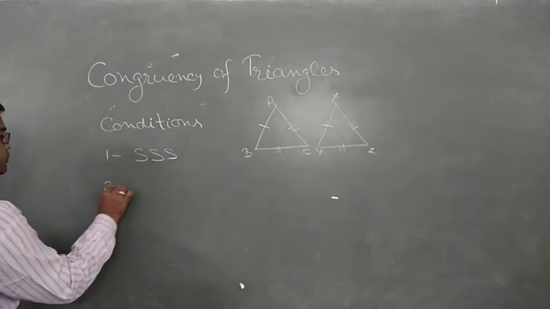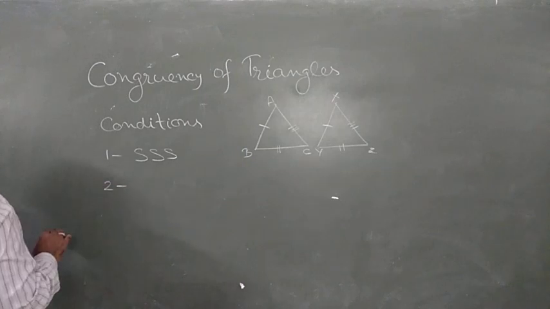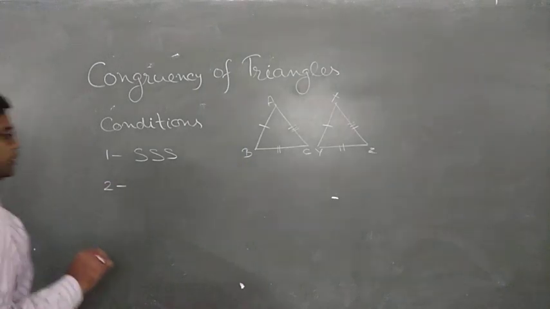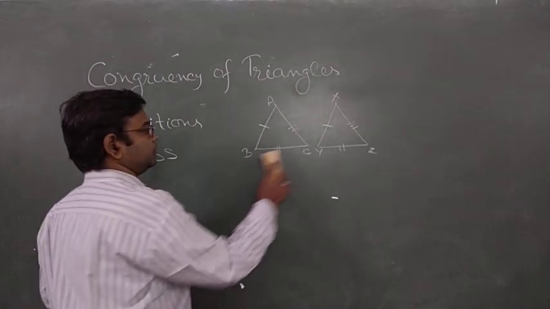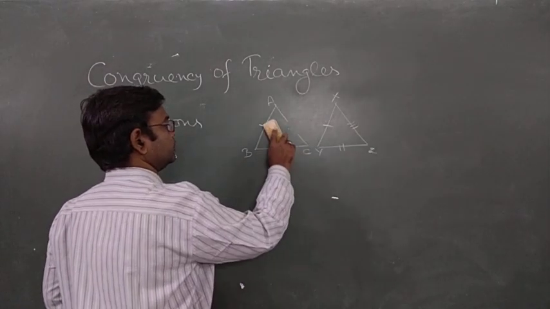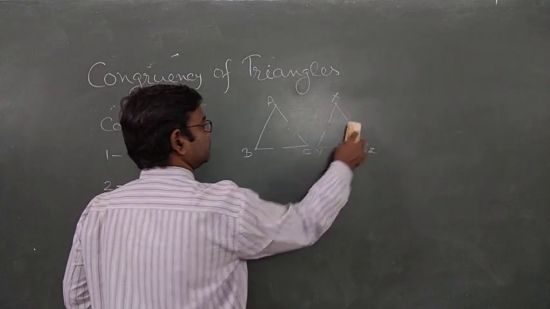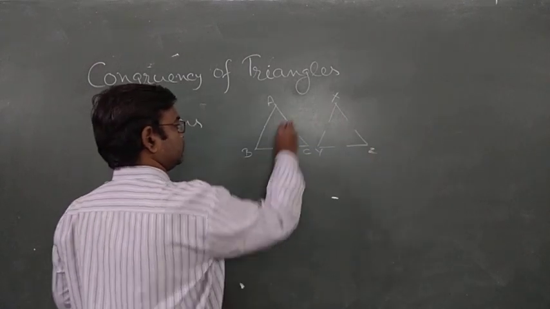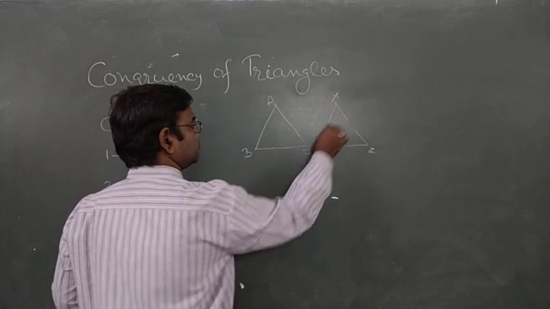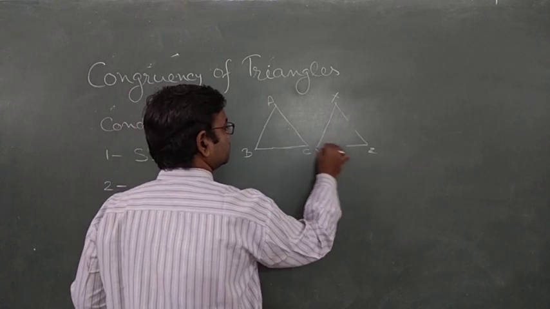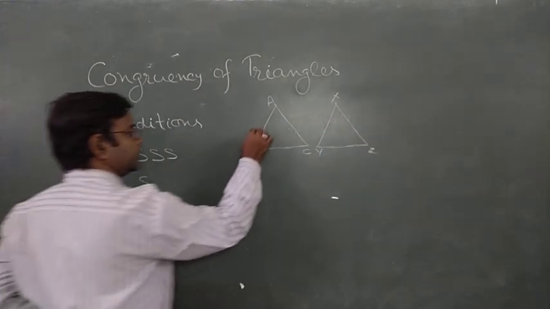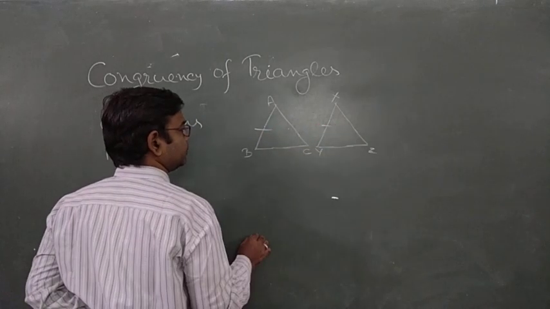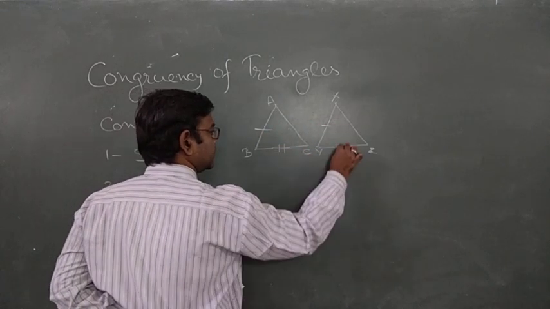The second one is, in the given figure, suppose we are considering these two sides are equal and these two sides are equal.